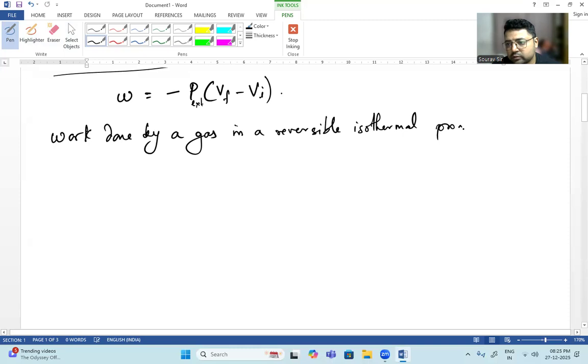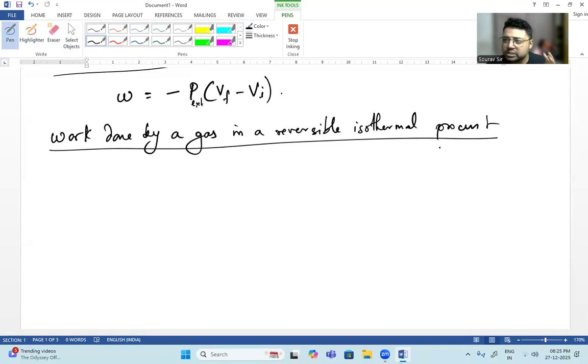So work done by a gas in a reversible isothermal process. The work done, suppose the work is done for a very small amount of change in volume.